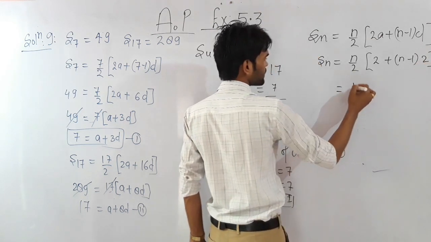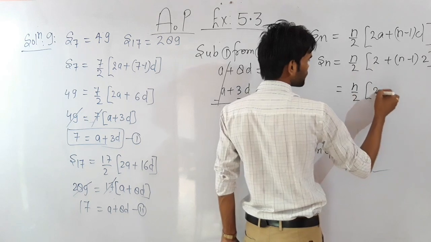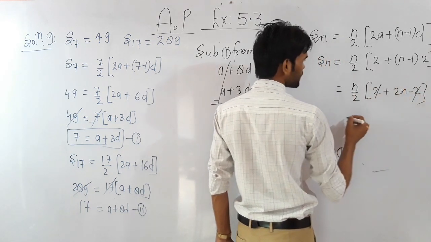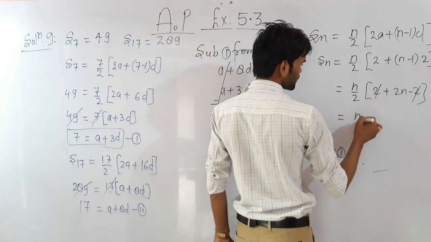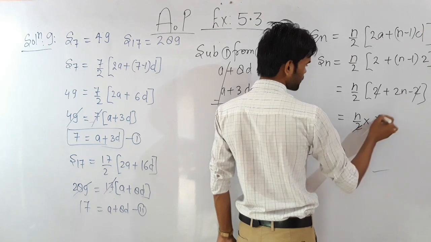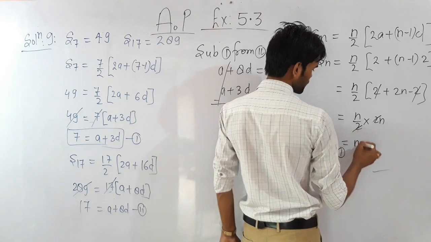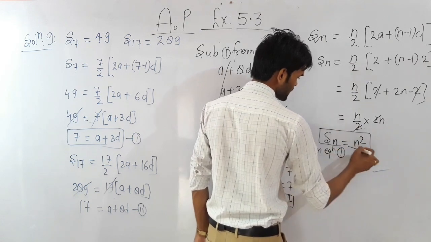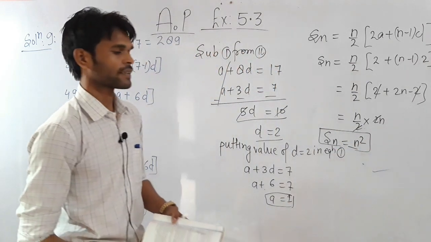Solving it, you may get n by 2 into (2 plus 2n minus 2). The 2 and minus 2 will be cancelled, so it will be n by 2 into 2n, and this will give you n square. So we have obtained that the sum of the first n terms of the given series is n square.